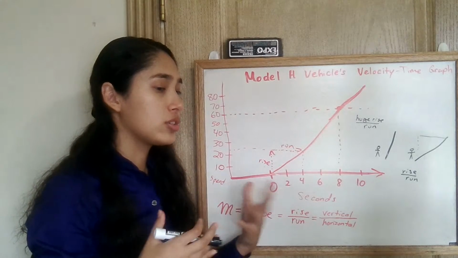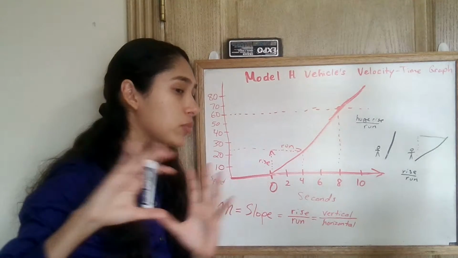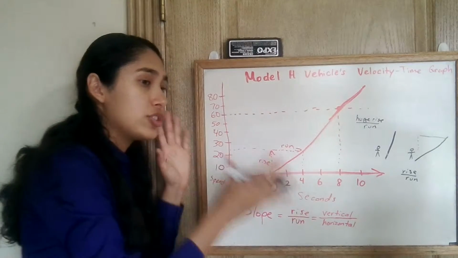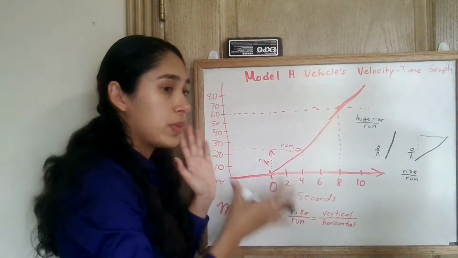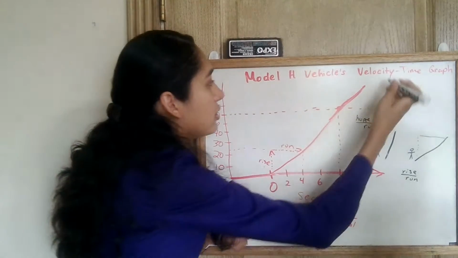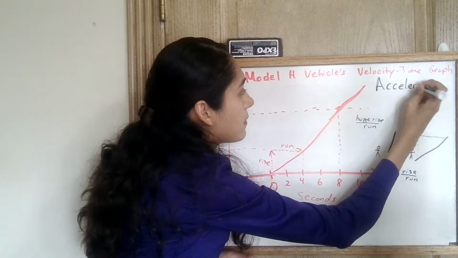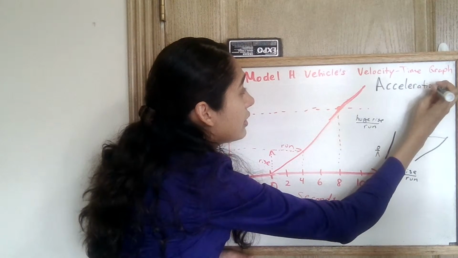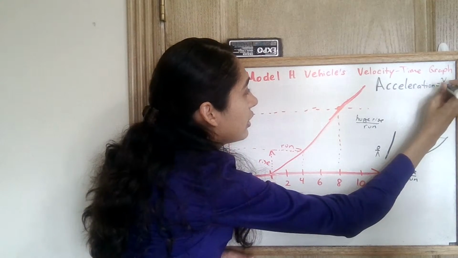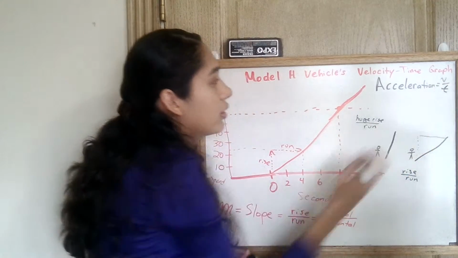Those terms are really just thrown around, and those might be more science-based, but just for the sake of you not getting tripped up on the question, acceleration is velocity divided by time.